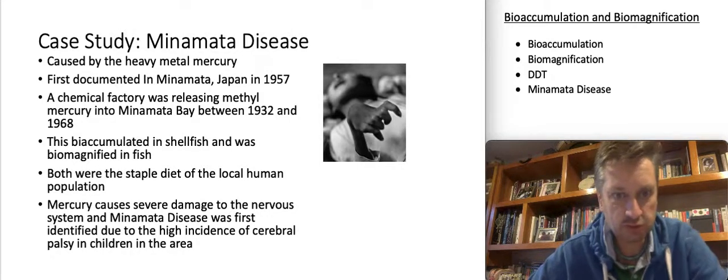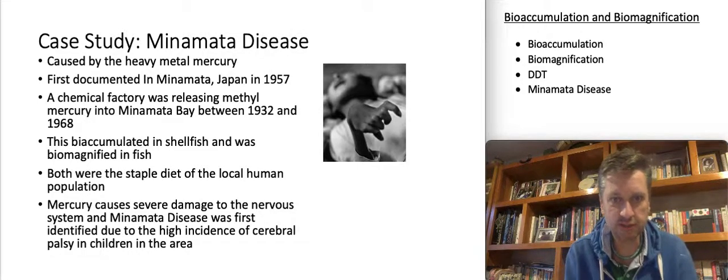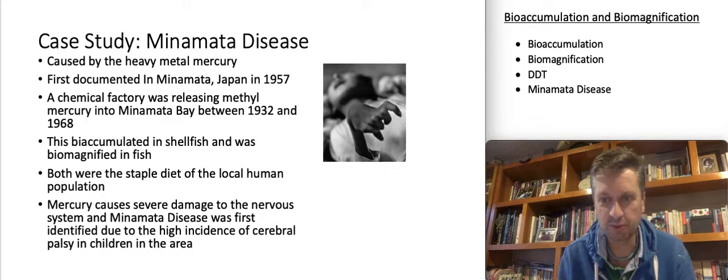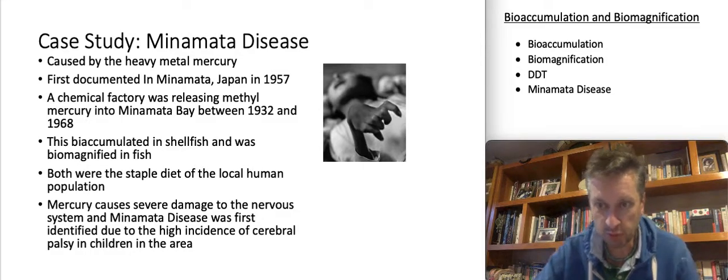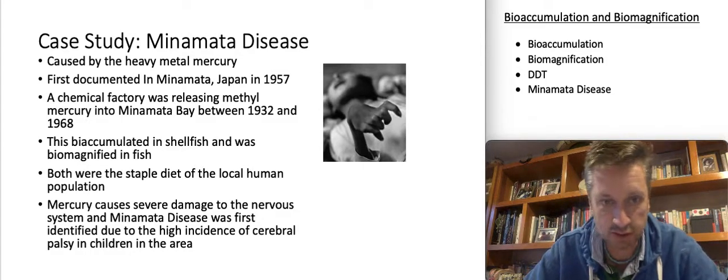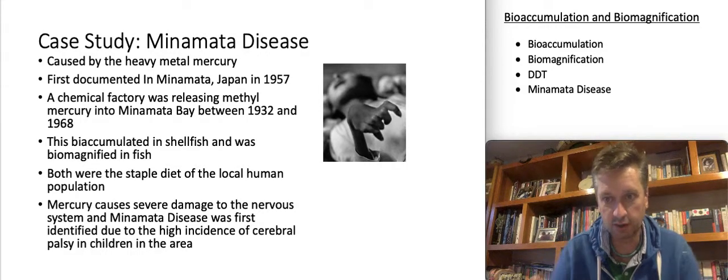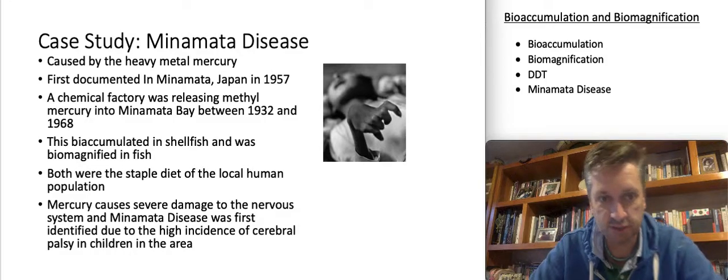So a chemical factory was releasing mercury basically into the bay between 1932 and about 1968. It began to be bioaccumulated in filter feeding animals like shellfish, where bioaccumulation alone led to huge increases in the amount of mercury in shellfish.